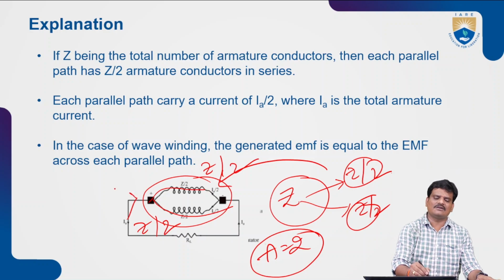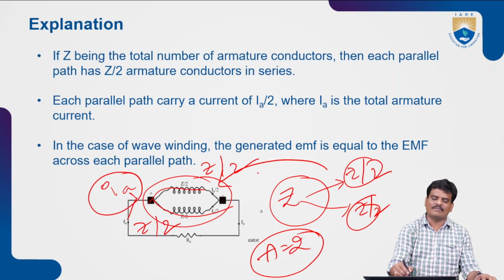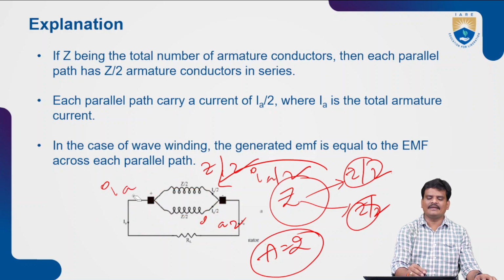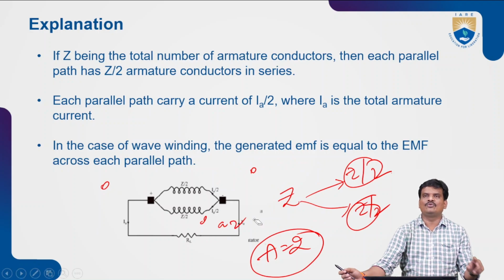Suppose the total current flowing in this particular parallel path is IA. The current flowing in the top conductor will be equal to IA by 2, and the current flowing in the bottom conductors will be equal to what? IA by 2. So what is the reason why I have divided this conductor into only 2 paths?